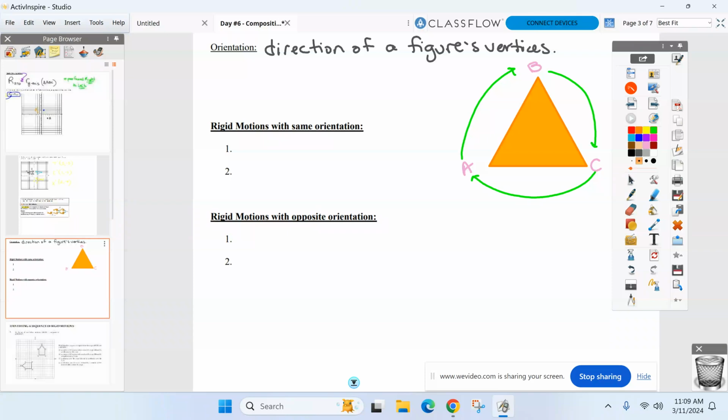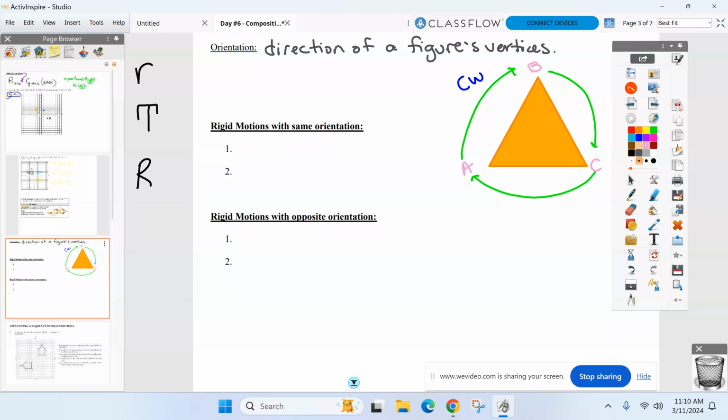And let's use terms from this unit. What direction am I going in A? Clockwise. So we would say this figure has clockwise orientation.